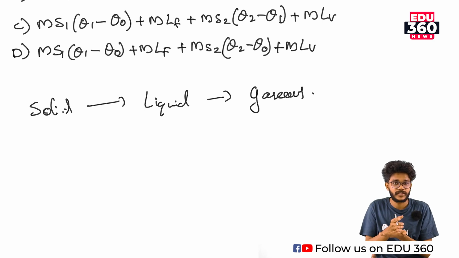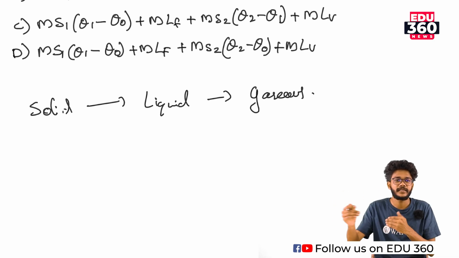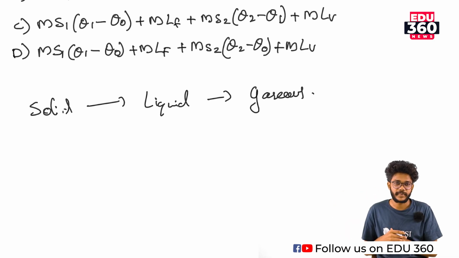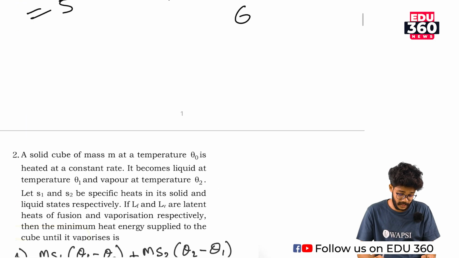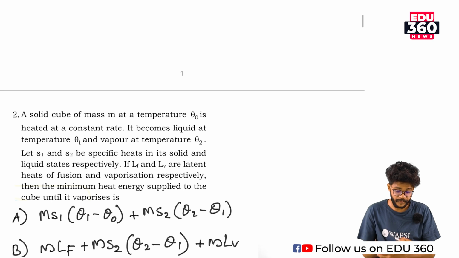Then at that particular temperature, it makes the phase transition, that means solid to liquid. After turning the 0 degree ice to 0 degree liquid, the liquid is getting the energy and increasing the temperature.